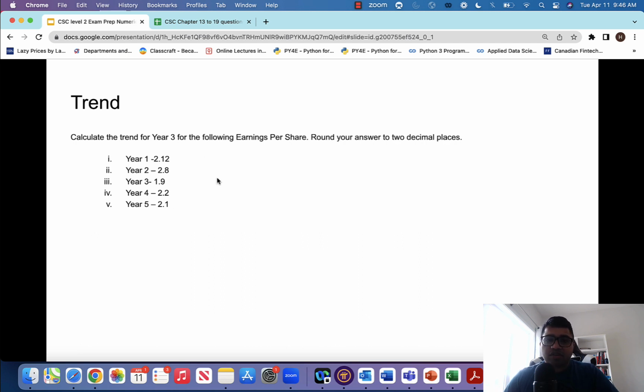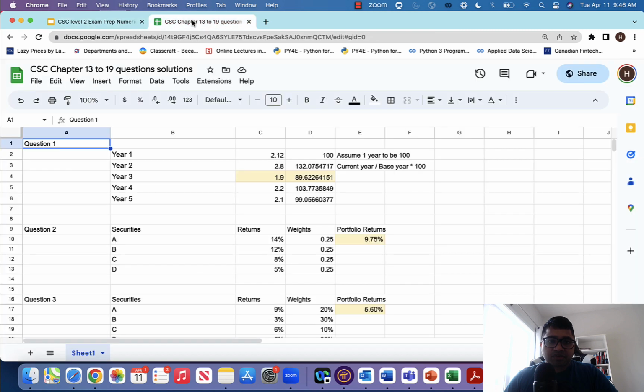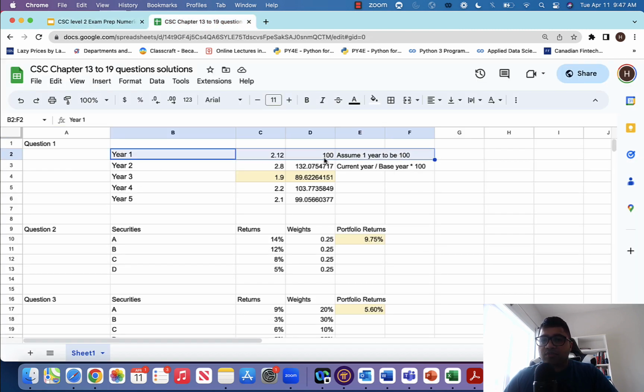Now, how do you solve such questions? So let's look at the solution. Year 1, you always assume to be 100. So year 1 EPS 2.12 is going to be 100. Then every other year you represent it in terms of the base year. So every other year it's going to be current year's EPS number divided by base year's EPS number, into your assumed number 100.